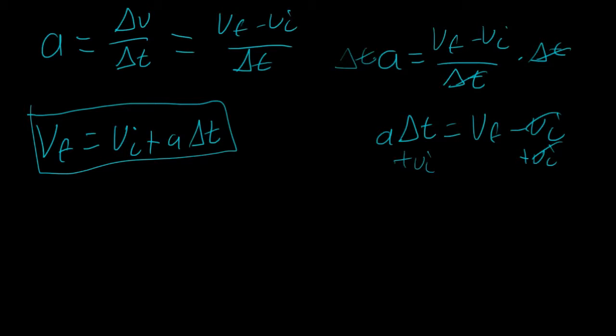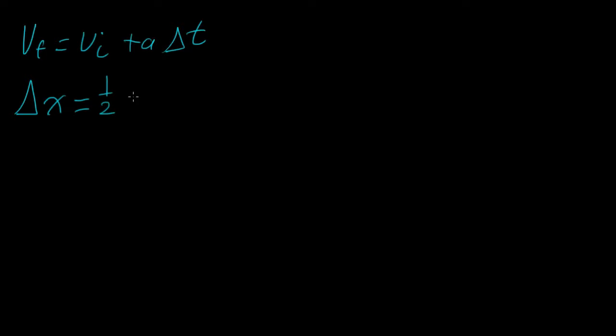So let's do another. For this one, we need to start with our two previously derived equations. We're going to start with the one we just did, which was Vf equals Vi plus a delta t. And we're also going to use delta x equals 1/2 times Vf plus Vi times delta t.